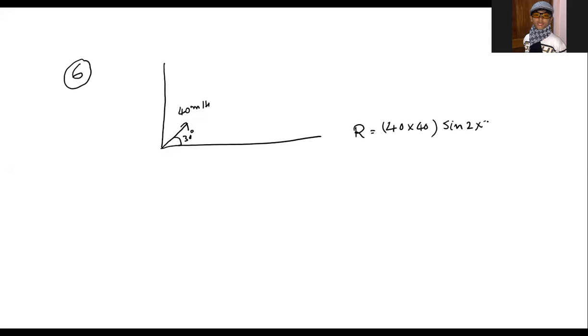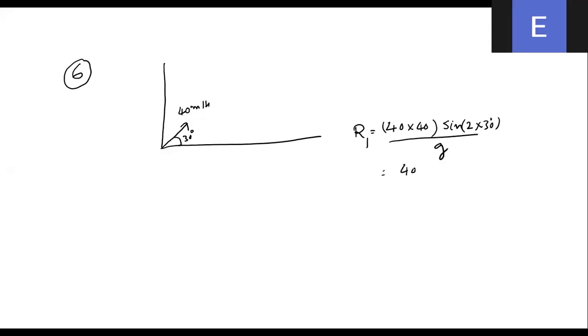Yeah, if you want to see what is the meaning of it, you can just take one example. I have projected one body with 40 meters per second, children, with an angle, say 30 degrees. So what will be the range here? 40 square into sine 2 theta, 2 into 30, by G, 10.